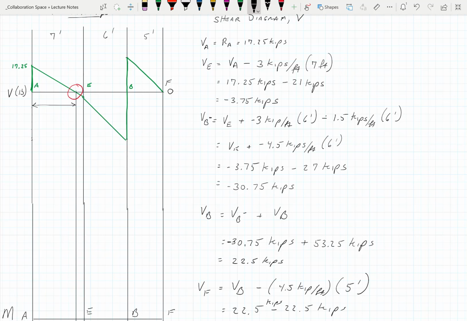Right? And we just work some numbers out so we get the zero shear. Right? But what else can we figure out? We know at A it's 17.25 pounds. Go ahead. Okay. We just do 17.25 minus 3 times the distance.